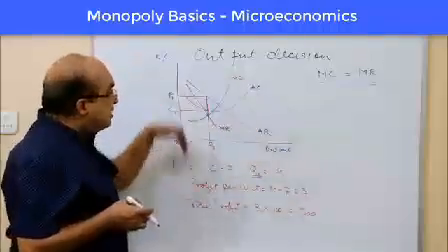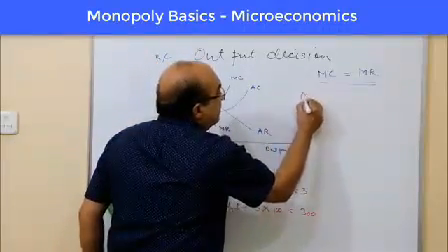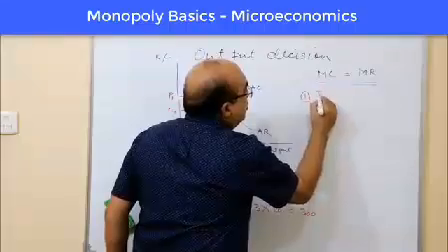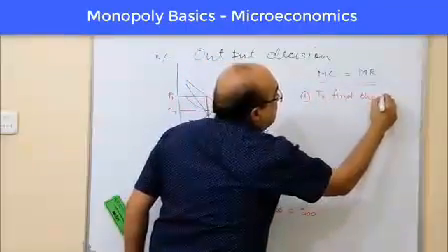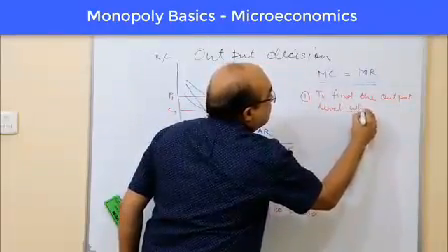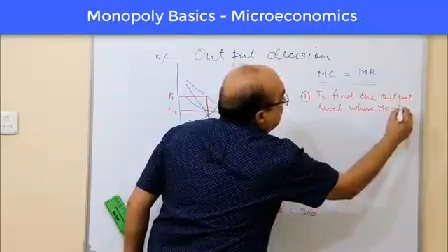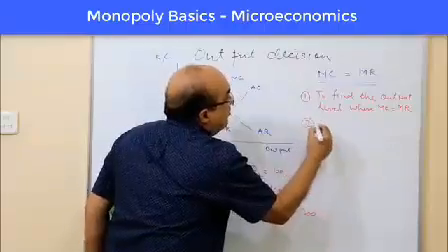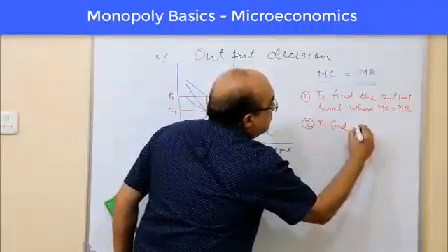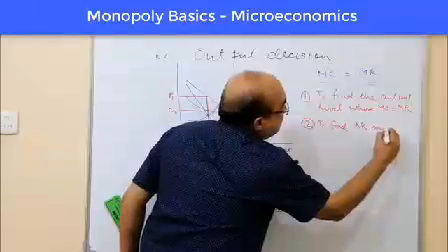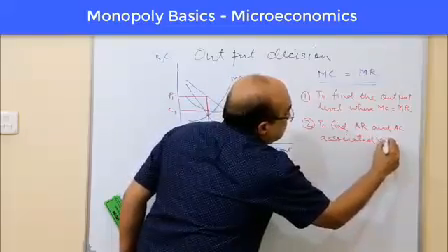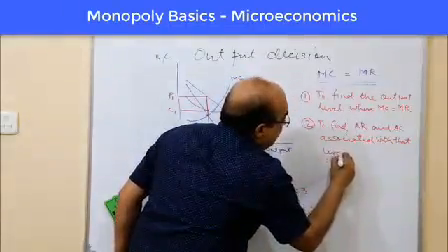Now to summarize the discussion, step 1 is to find the output level where MC is equal to MR. The second step will be to find the average revenue and average cost associated with that level of output.